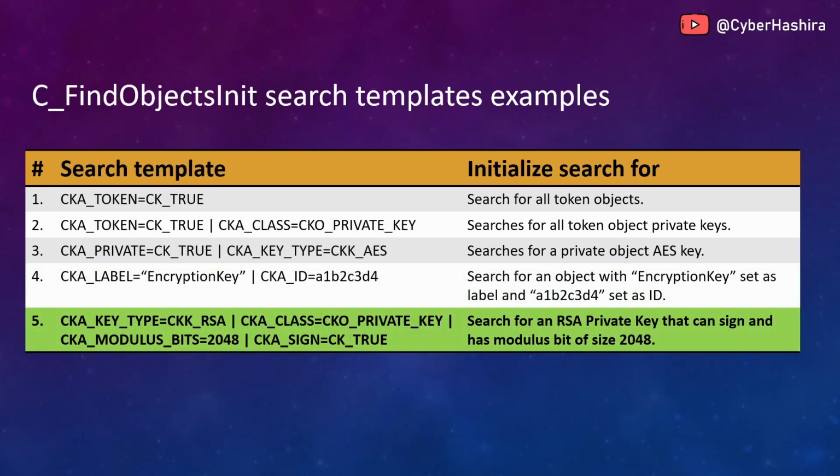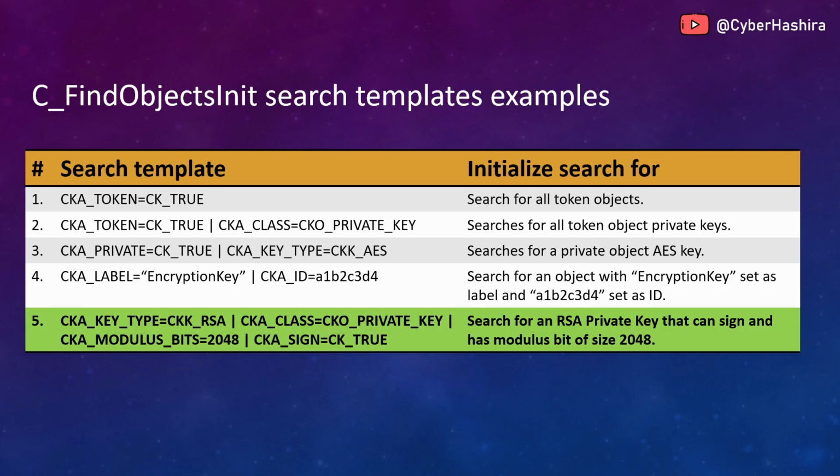In the fifth example, the search template contains 4 attributes, CKA_KEY_TYPE set to CKK_RSA, CKA_CLASS set to CKO_PRIVATE_KEY, CKA_MODULUS_BITS set to 2048, and CKA_SIGN set as true. So this template would search for a private key of type RSA with a key size of 2048 and sign attribute set as true.